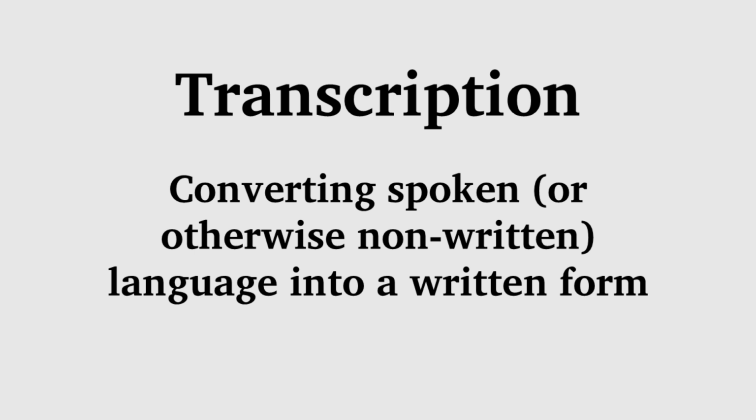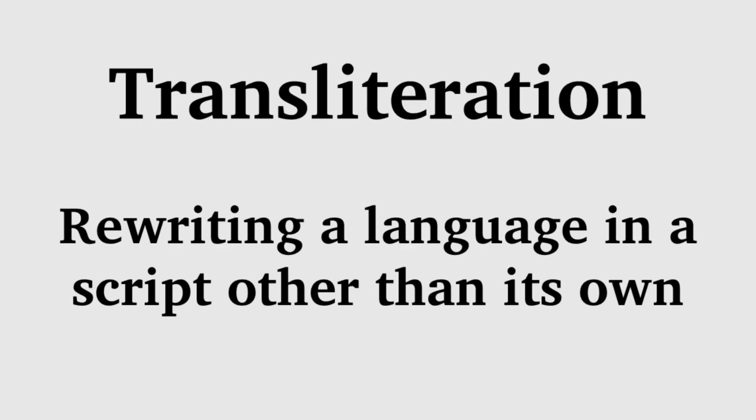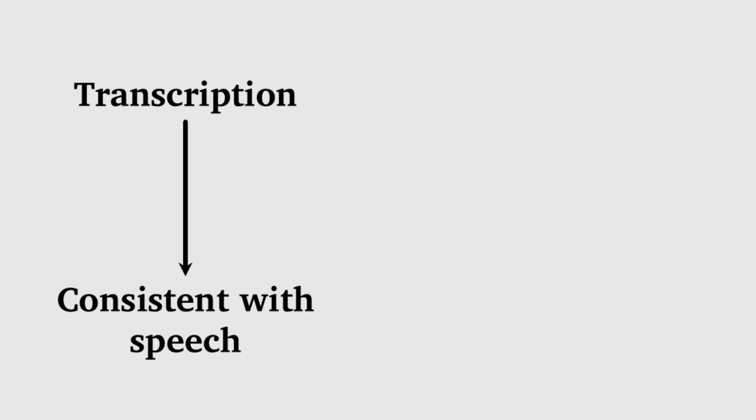These words can also be used to refer to processes not of transcription, but transliteration. That is, rewriting a language that normally uses another writing system. If we transcribe a language into another script, say Latin, the goal is to represent the spoken language, so we write in a way that reflects the phonemes present in that language.